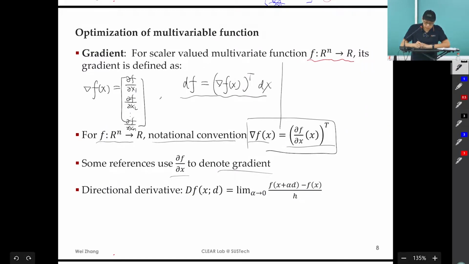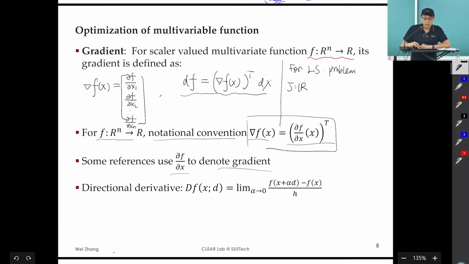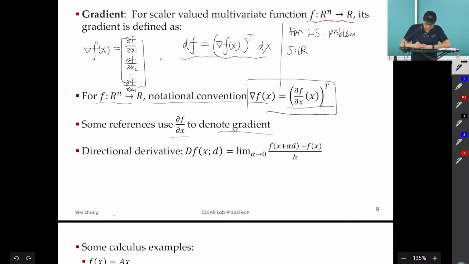And for the least squares problem, let's say for the LS problem, we have a J from Rn to R, that's our cost function J of theta, right? Theta is in Rn.